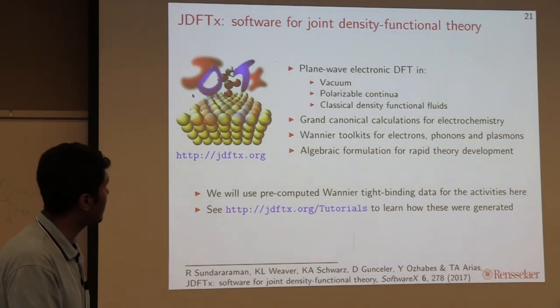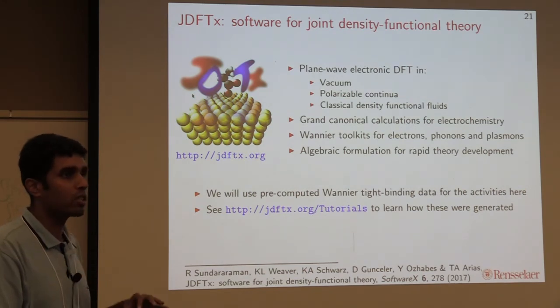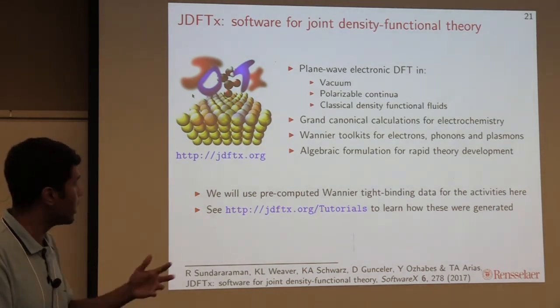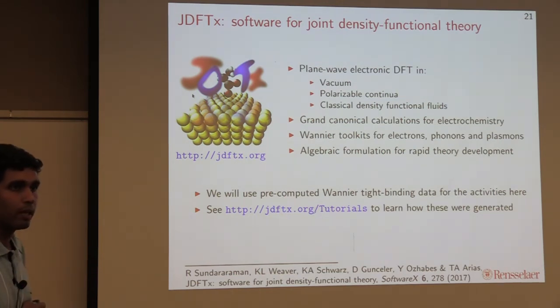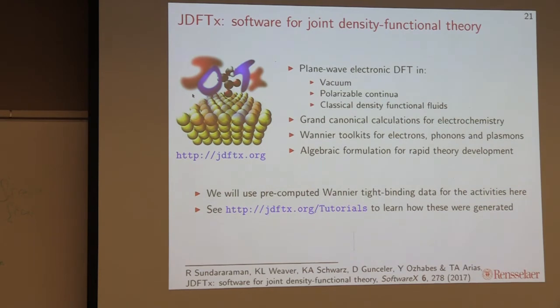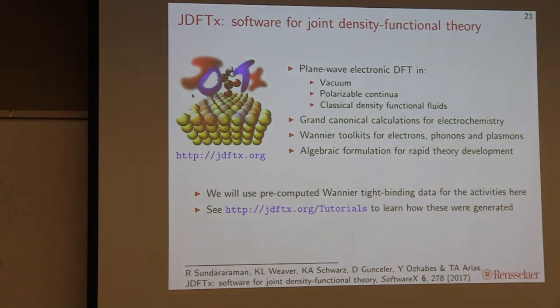So we are not going to cover the calculation of these quantities in the Wannier basis. If you're interested in that part of it, it's actually covered in the tutorials on the website. But those will have more software issues getting the DFT program installed and so on. So in the interest of time, we are going to focus only on the post-processing where we actually build up the code from scratch in Python.